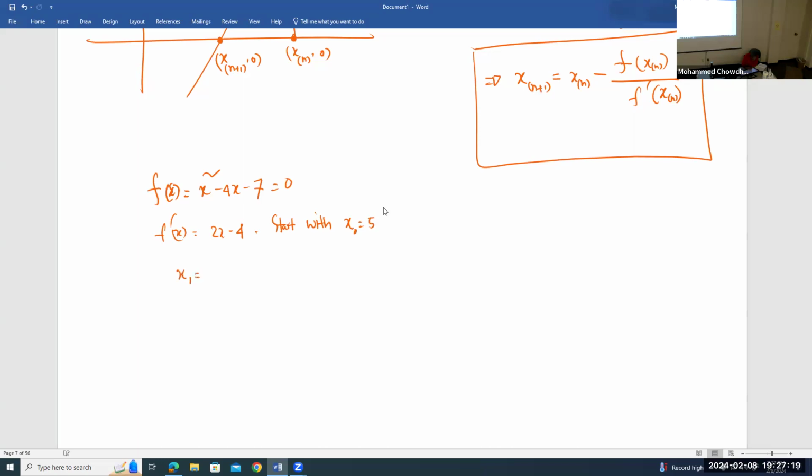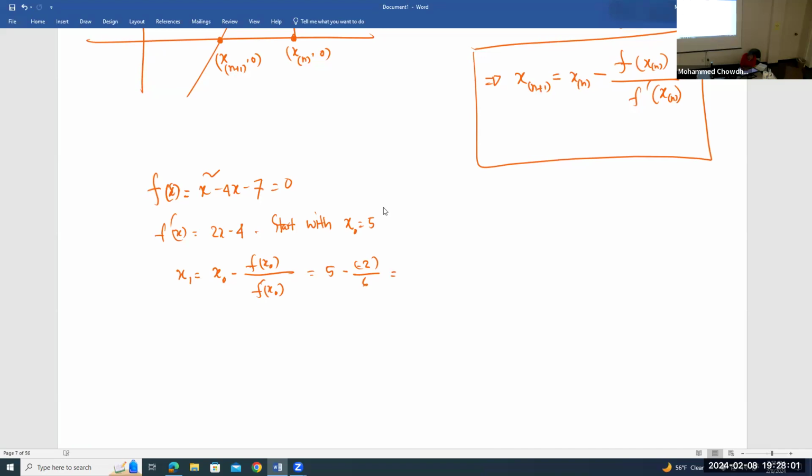Then x1 equal to what? x0 minus f of x0 divided by f prime of x0. What did I get? 5 minus, if I plug it in there, 25 minus 20 minus 7, which is negative 2, divided by 10 minus 4 equal to 6.